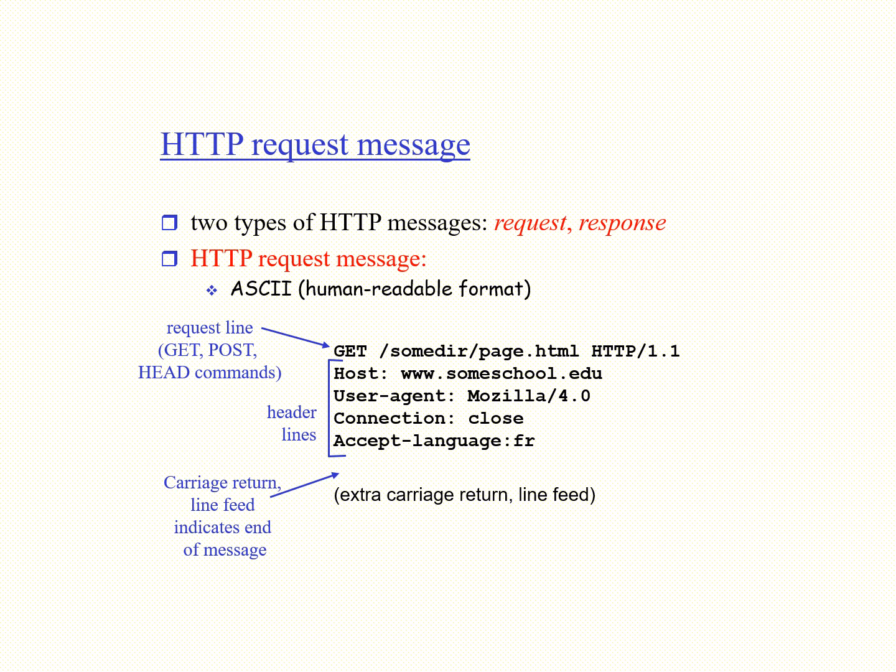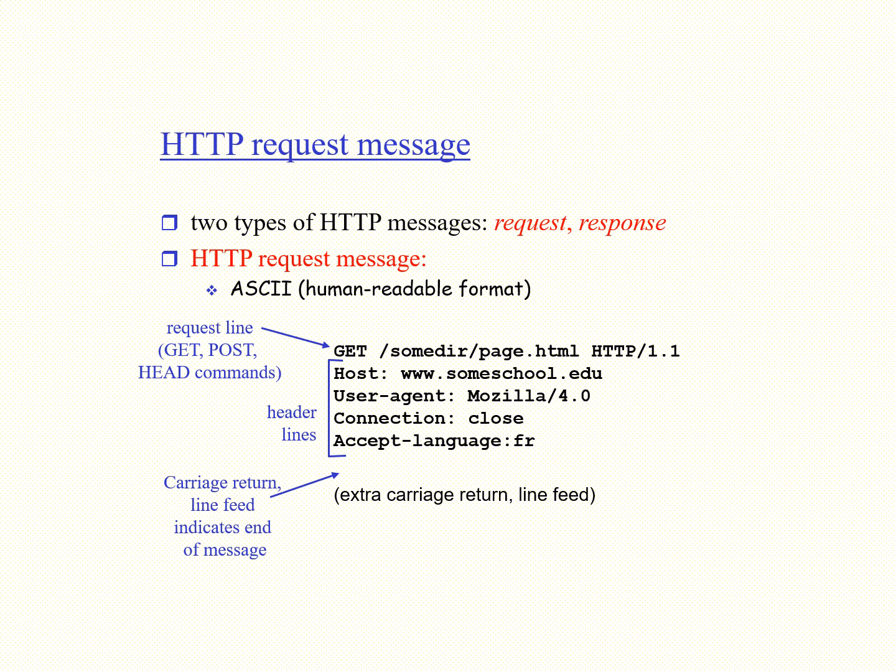The HTTP protocol provides two types of messages, request message and response message. This is the format of a request message. The request line contains a GET or POST method and some header lines like this: GET, some URL, GET slash some directory slash page.html, then Host, User-Agent, Connection, Accept-Language.